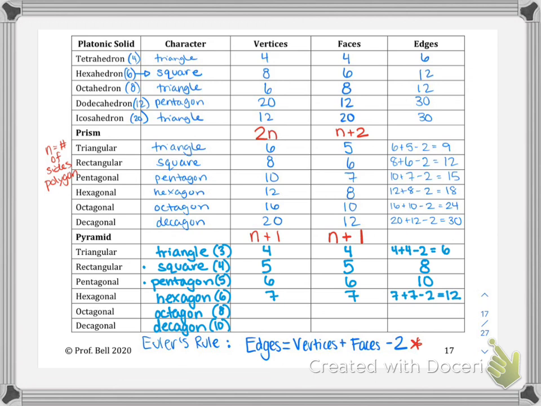The octagon has 9 vertices, 9 faces, and then 9 plus 9 minus 2, or 16 edges. And then finally, we have the decagonal pyramid, which has 11 vertices, 11 faces, and 11 plus 11 minus 2, or 20 edges. And our table is complete.